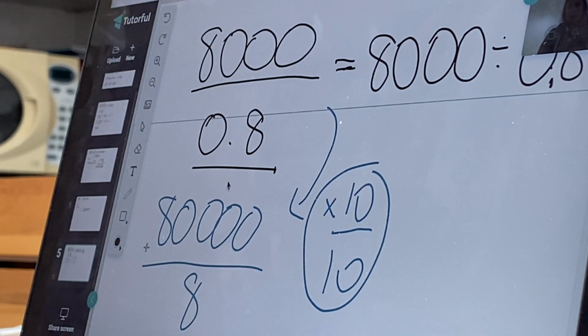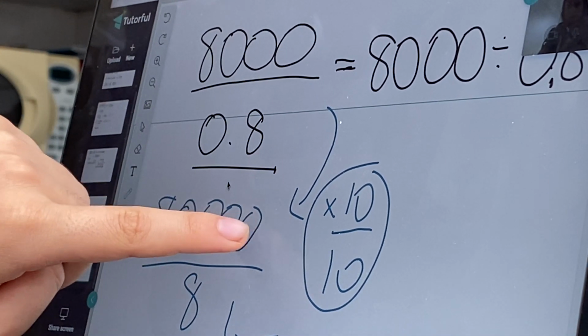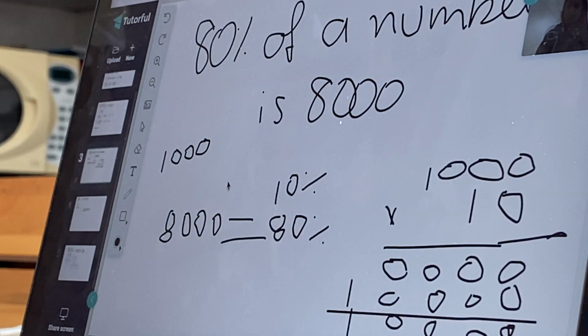And then 80,000 divided by 8 is going to give us 10,000. Yeah, 10,000, exactly. Okay, perfect. Good.